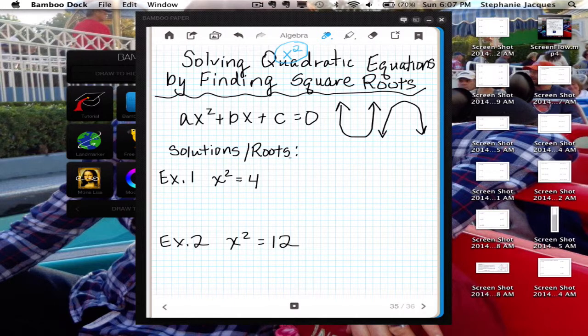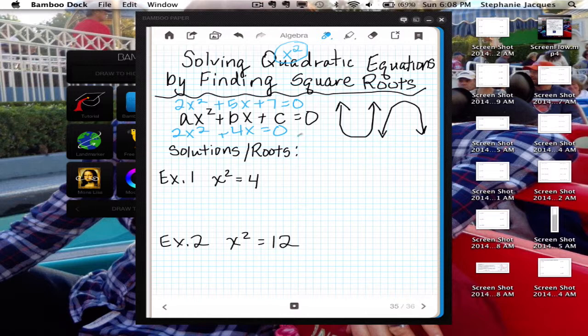So an example of a quadratic equation, basically the formula for it is ax squared plus bx plus c equals 0. So you could have something like 2x squared plus 5x plus 7 equals 0, and that would be a quadratic equation. You could also have 2x squared plus 4x equals 0. In that case, your c was a 0 value, so it just canceled out.